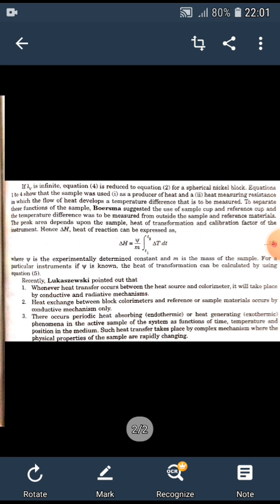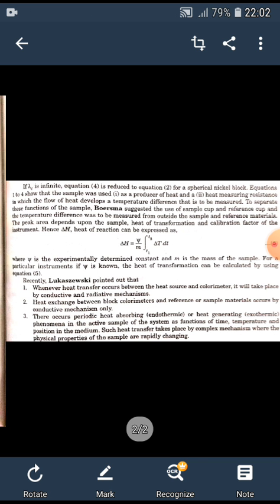Lukaszewski pointed out that whenever heat transfer occurs between the heat source and calorimeter, it takes place by conductive and radiative mechanisms. Heat exchange between block calorimeters and reference or sample materials occurs by conductive mechanism only.